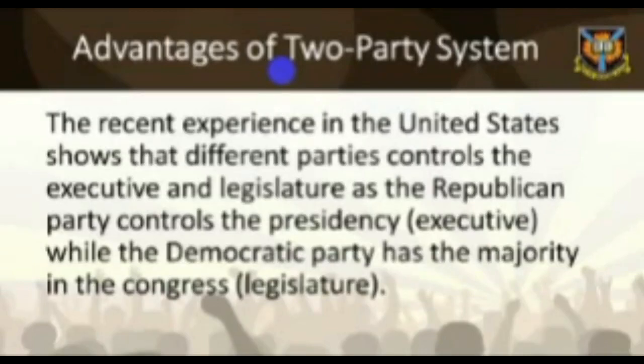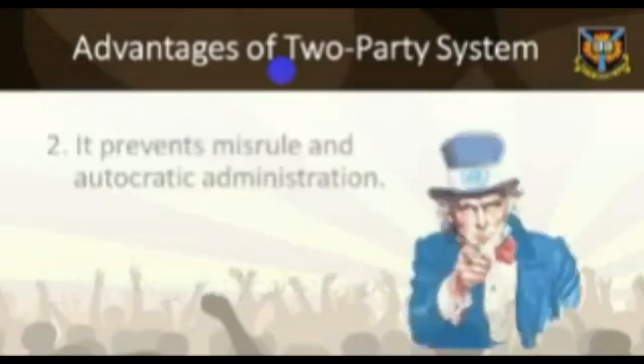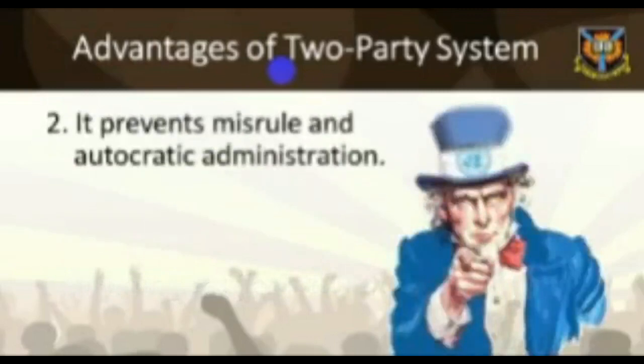The recent experience in the United States shows that different parties control the executive and legislature, as the Republican Party controls the presidency, which is the executive, while the Democratic Party has the majority in the Congress, that is, the legislature.